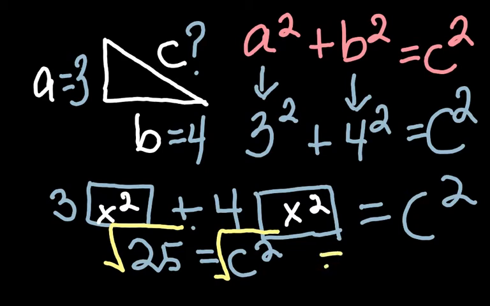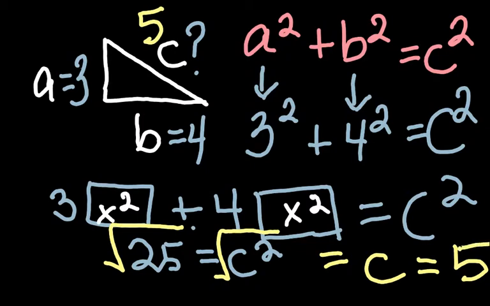So the square root of c squared is just c, and the square root of 25 is 5. So if we look up here, a is 3, b is 4, and c equals 5.